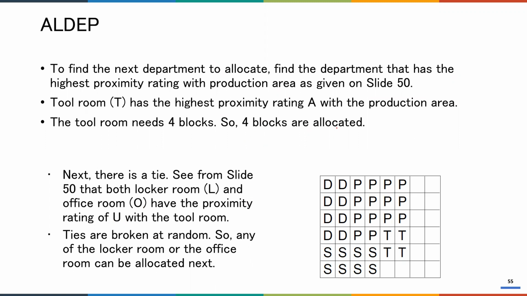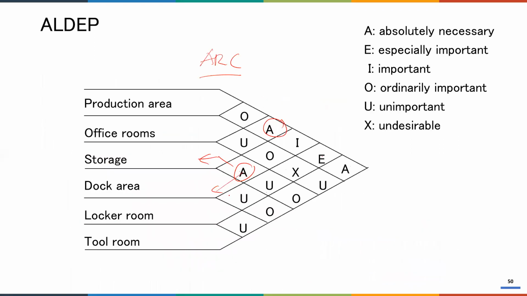So let's check again, because after the production area, we have T, which is the tool room, and after the tool room, okay, there are two that are not located yet, which are the locker room and office room, and they have different ratings.